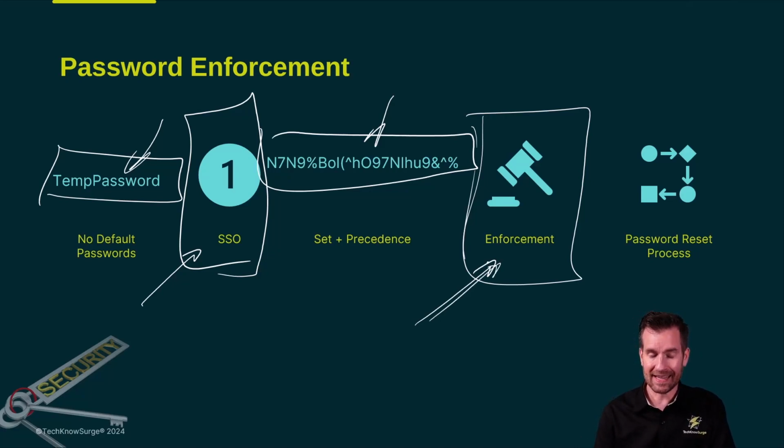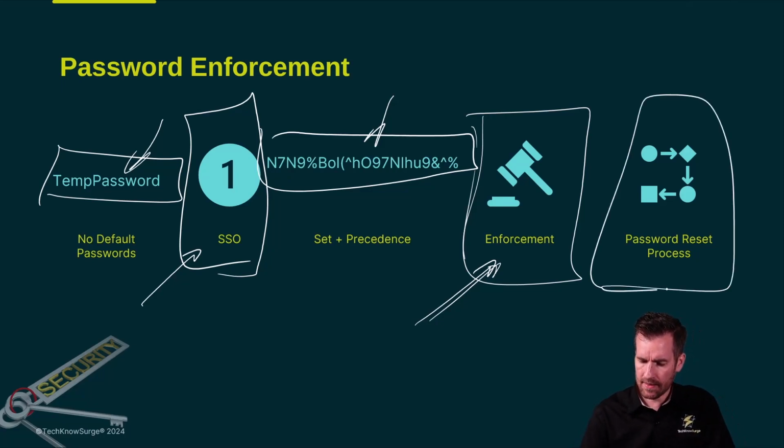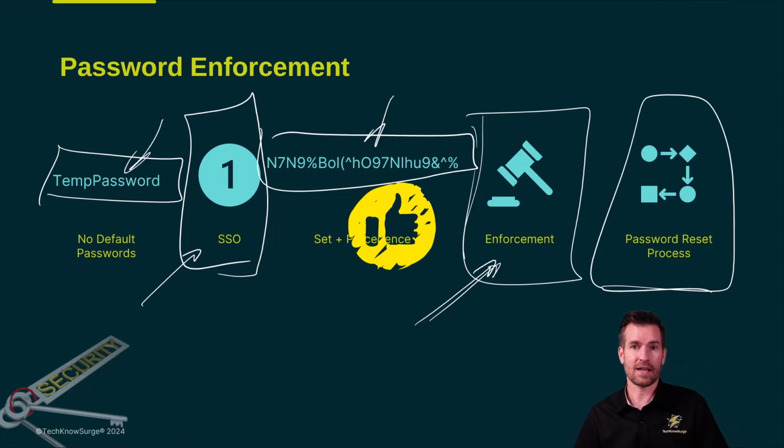What that might look like is extra training. If they're not able to create proper passwords, then perhaps they need to go through the password training again. And then the password reset process: just make sure you have good habits when you go through a password reset process and you're, once again, not training your users to have bad password behavior.